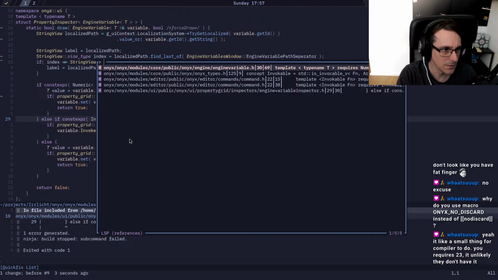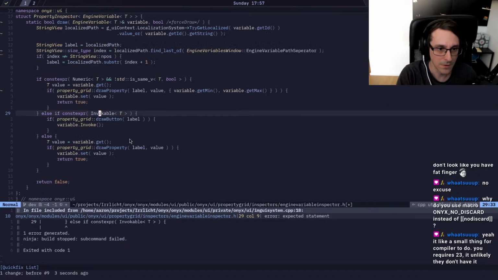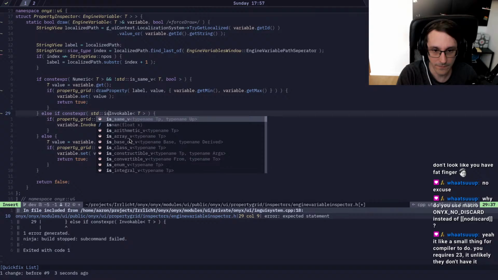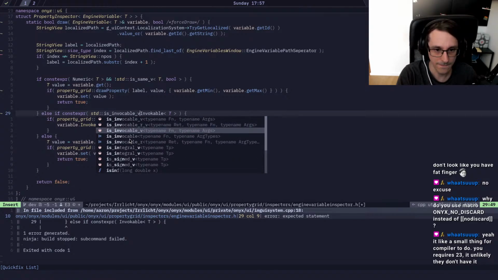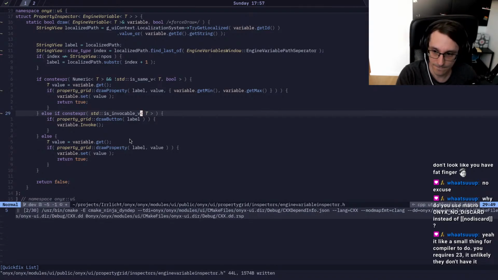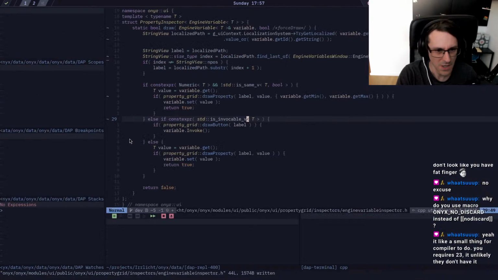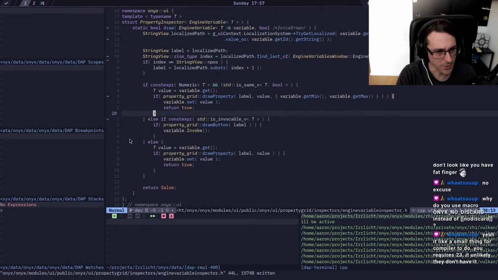Is that not how I use it? Why does that work and my invocable thing not?